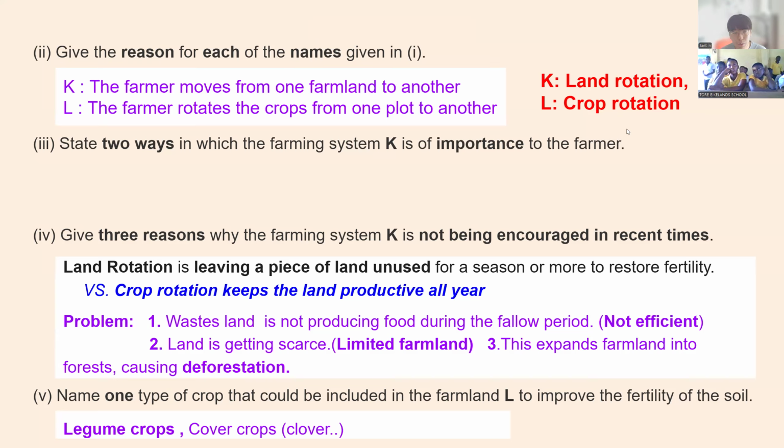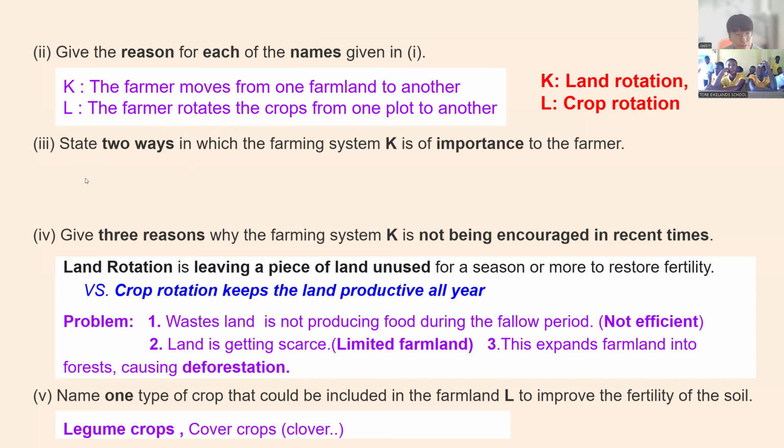And L is crop rotation because the farmer rotates the crops from one plot to another. But then that plot is the same plot. So the farmer is not moving from one farmland to another. The farmer is just rotating the crops in the same field.